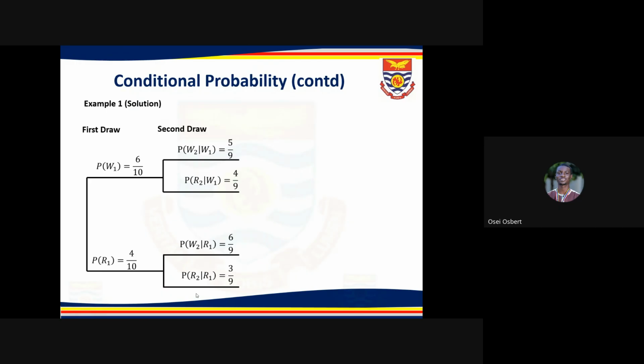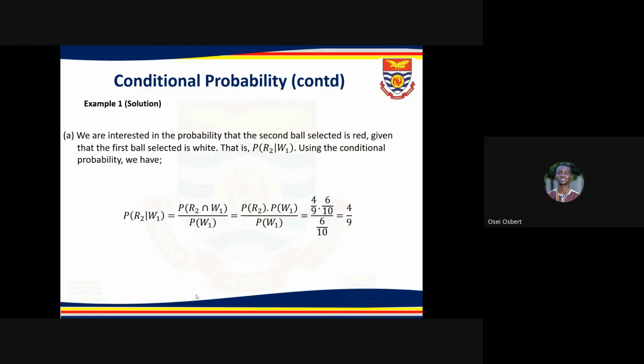But then we have the formal way, if we are supposed to use it. And the formal way is this. We have the probability of red intersection white, divided by the probability of white. And red intersection white is the same as the probability of red times the probability of white, because the probability of red is an independent event from the probability of white.